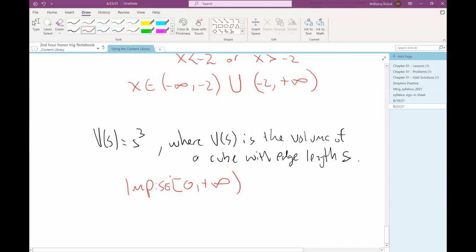Multiply that number 3 times. There's no problems. No matter what kind of number you pick, we can always do that operation. So in this case, the implied domain is also the relevant domain, right? Since there are no further restrictions, because v of s equals s cubed doesn't have any problematic operation going on in here.